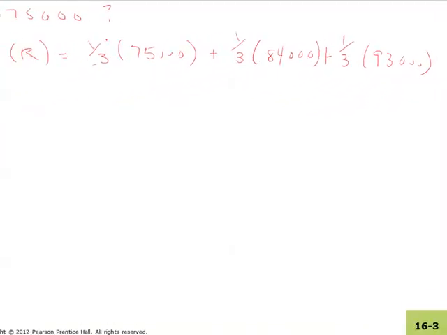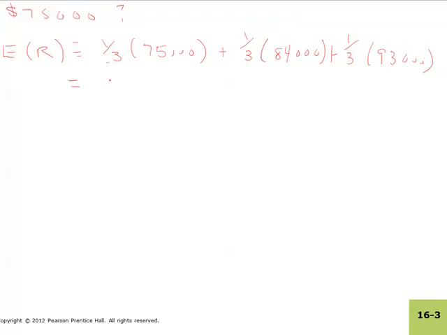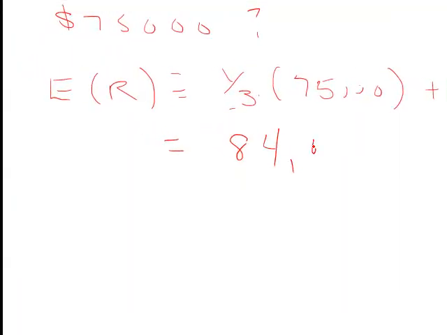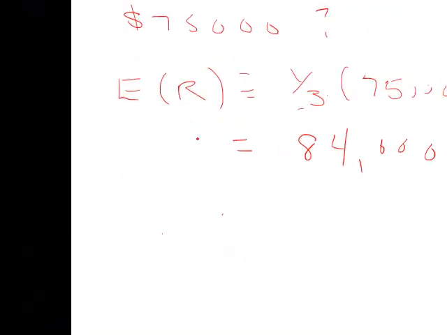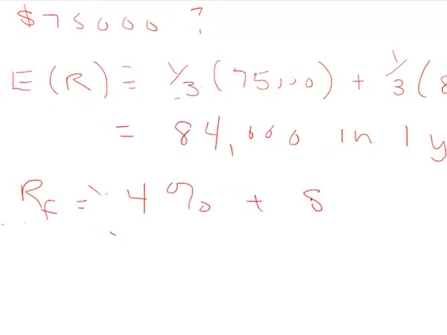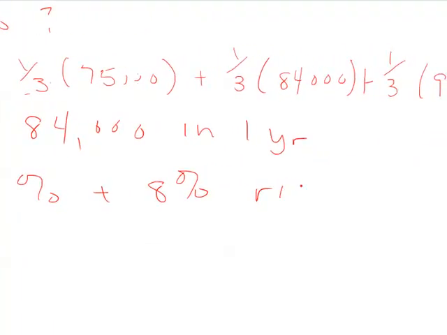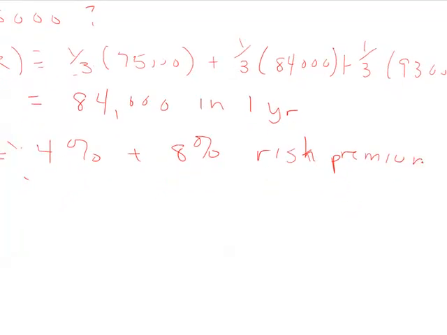If you add all of these up, you have $84,000 a year from now. Well, what's that worth today? The first thing the problem said is that the risk-free rate is 4%, and you're going to have a risk premium above the risk-free rate to account for the risk of the coffee shop of 8%.